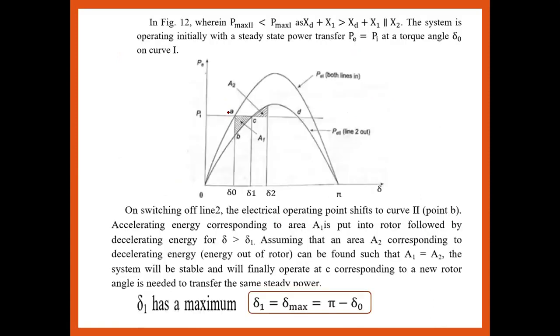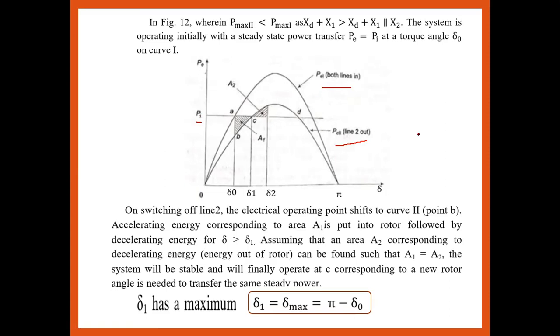Now consider the power angle curve of this condition. In the figure we observe, in the power angle curve, that this is PE1 for both lines, and this is PE2 for line 2.